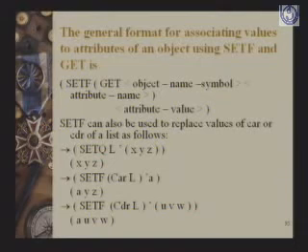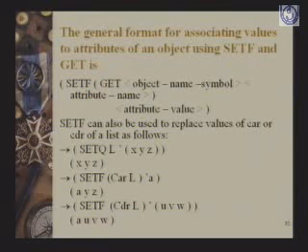The general form of associating values through setf is given on the first 3 lines of this one, which I have already explained. For further exploration, please look at setq L X Y Z. Now you can see that the argument of setq is a symbol. It cannot be anything else but a symbol.